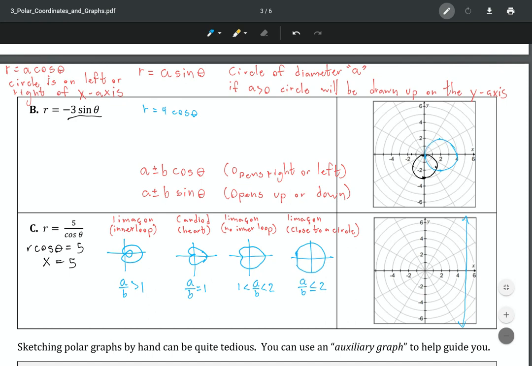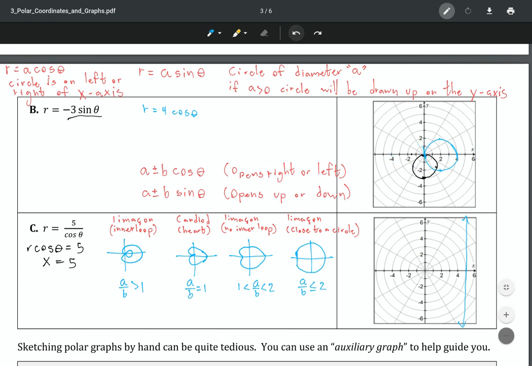Now, if it had been a negative cosine, it would have been a circle on the left side of diameter 4, or radius 2. So it could have been like that also.